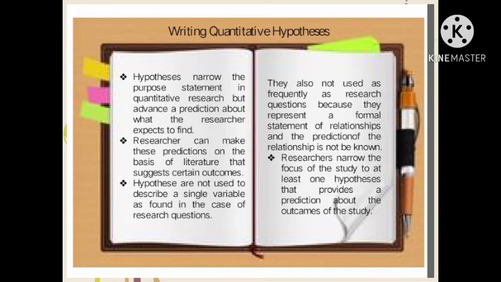Hypotheses are not used to describe a single variable as found in the case of research questions. They are also not used as frequently as research questions because they represent a formal statement of relationship, and the prediction of the relationship is not binary.